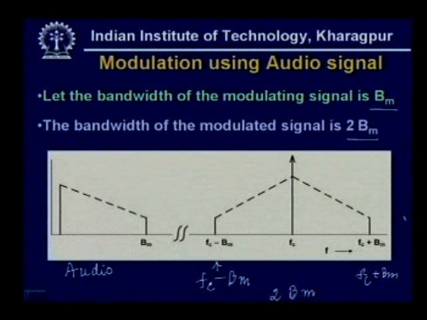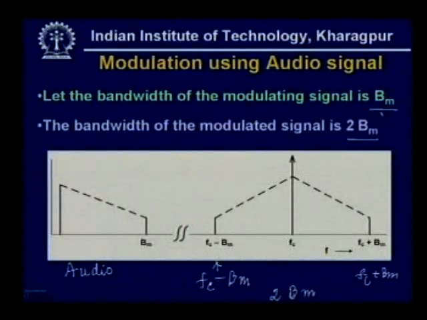So, we see that after modulating a carrier of frequency Fc, we get a frequency translated signal having bandwidth twice the bandwidth of the modulating signal. The modulating signal has bandwidth Bm, so we get twice the bandwidth, and of course, the amplitudes of different frequencies will be based on the modulation index, as you have seen.